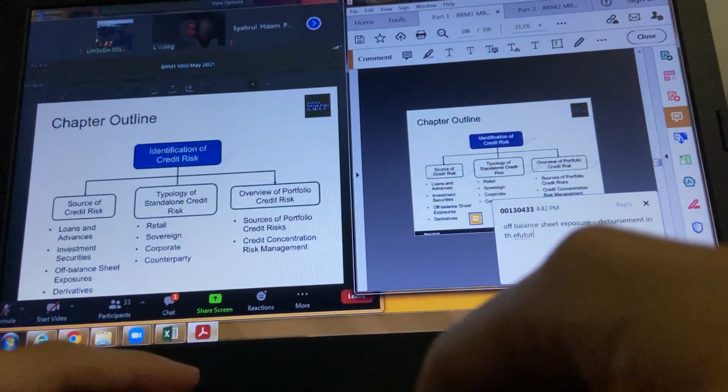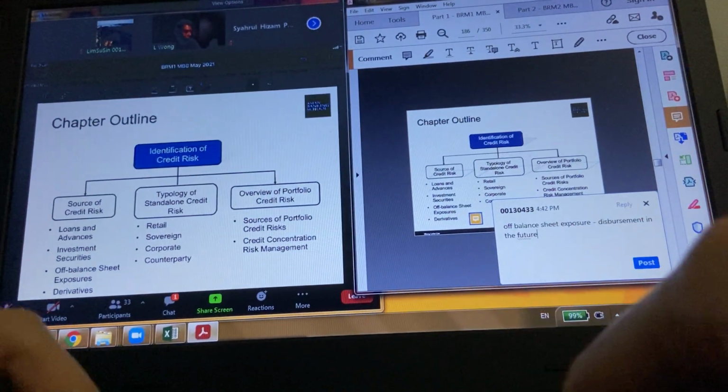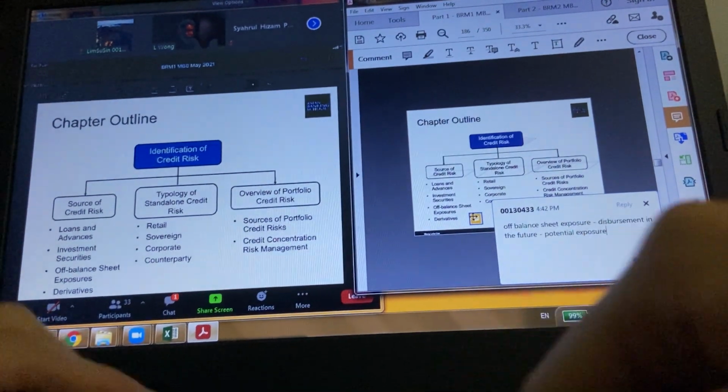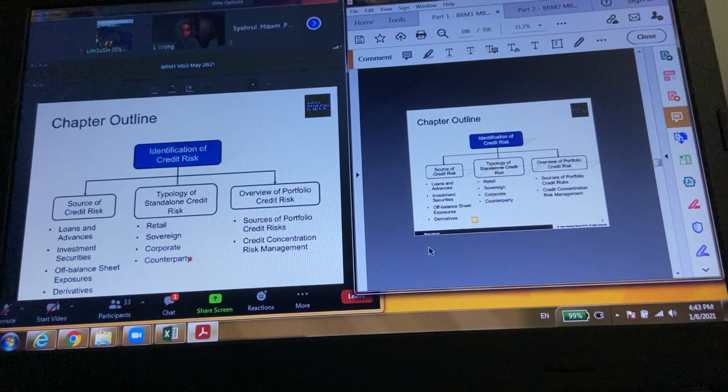And then you have derivatives. Again, we will talk about derivatives afterwards. Earlier, we already talked about the classification of loans into retail, sovereign, corporate, counterparty. But in this chapter, they will explain what the potential risk areas are that you need to look at if you're giving loans to retail.